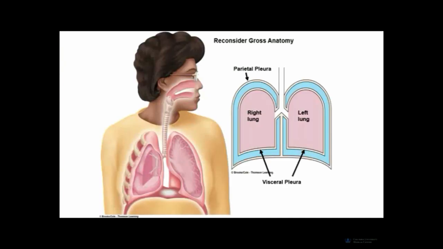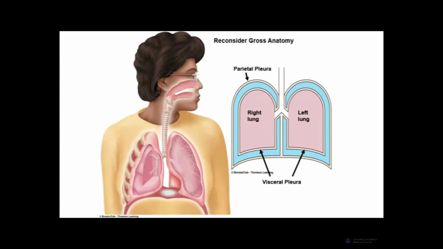If we look for a second at that arrangement, we've got two lungs on either side, airways that lead to those lungs, and then within the thoracic cavity, a set of serous membranes that cover each lung and line the inside of the thoracic cavity.